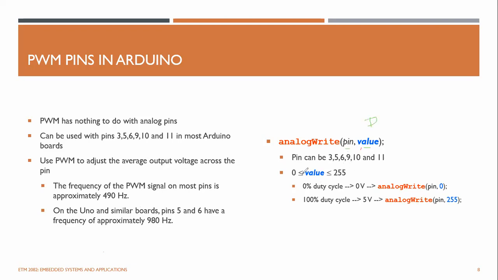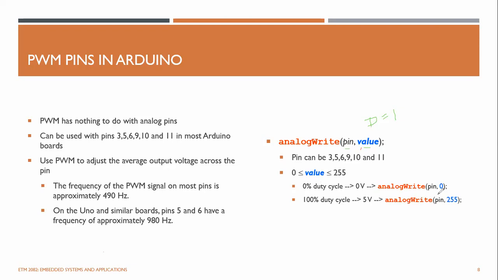So D can be changed from 0 to 255. 255 is when D is 1, and 0 is when D is 0, right? So 0% duty cycle is pin number and 0, and 100% duty cycle is pin number and 255.